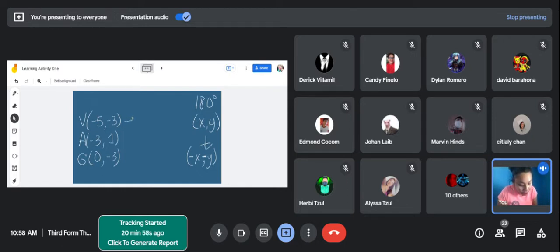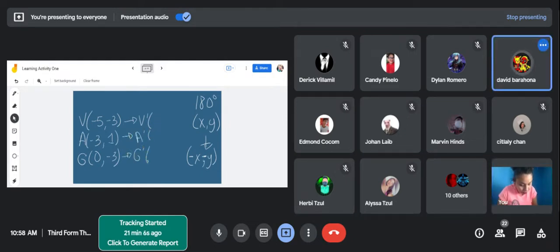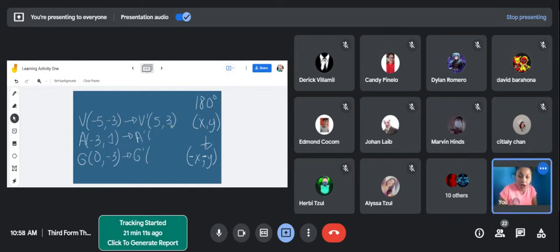So if I'm going to be doing that, what is going to be my V1? +5, +3. Very good. What is going to be A? +3, -1. Very good. And what is going to be G? 0, +3. Very good.